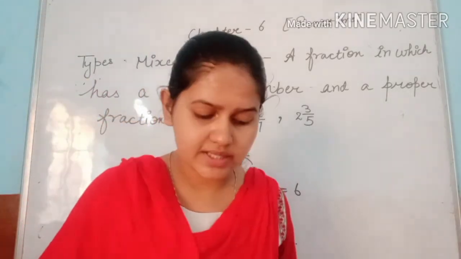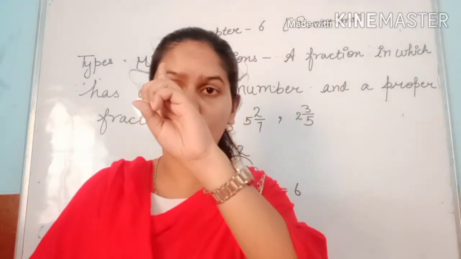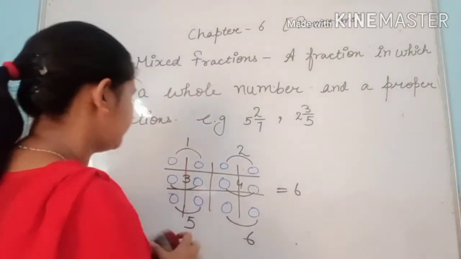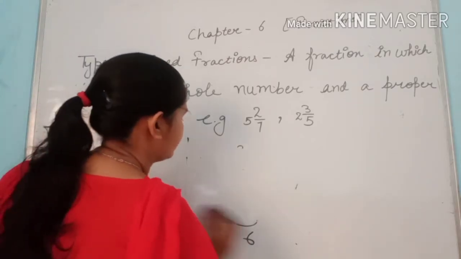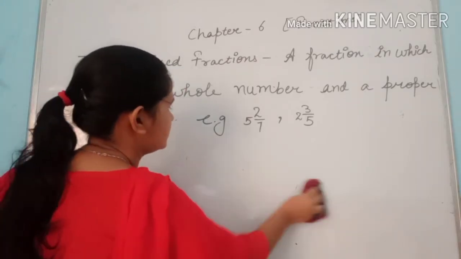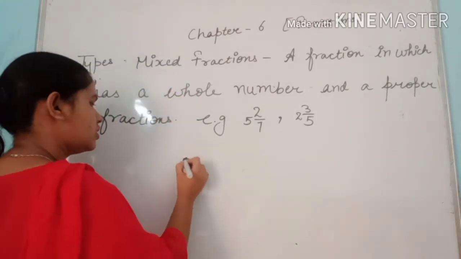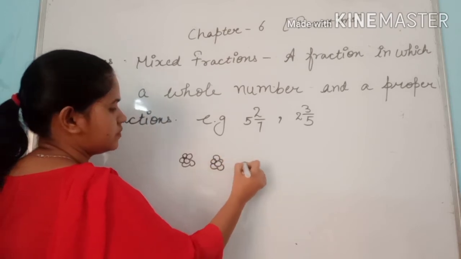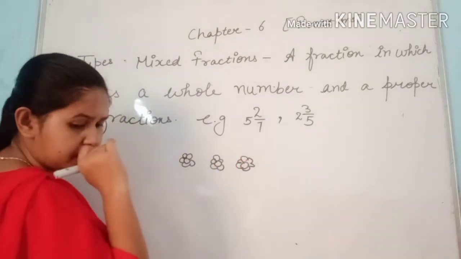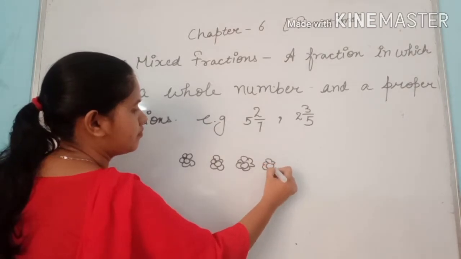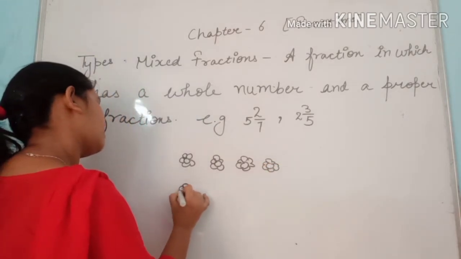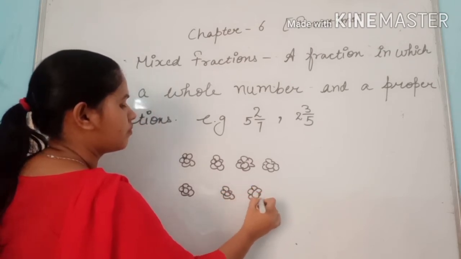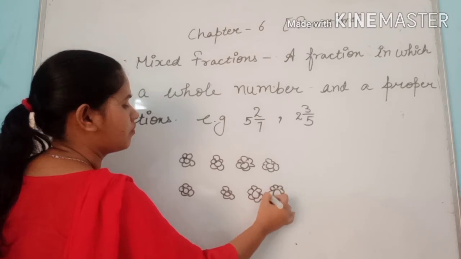And again in the flowers, you can see how many flowers are given to us. There are 4 in a row and a second row. So I can simply show you here. So flowers are given like this.